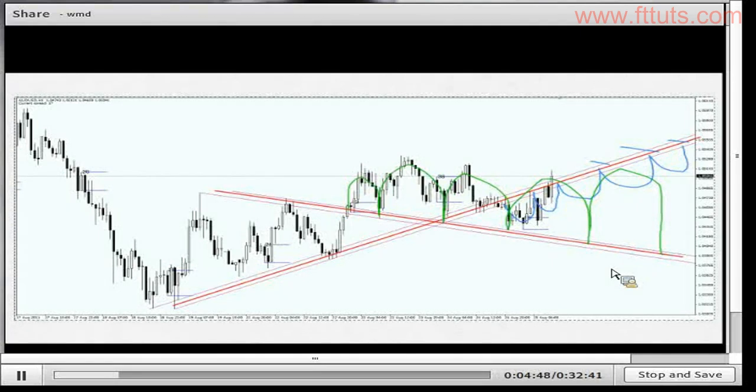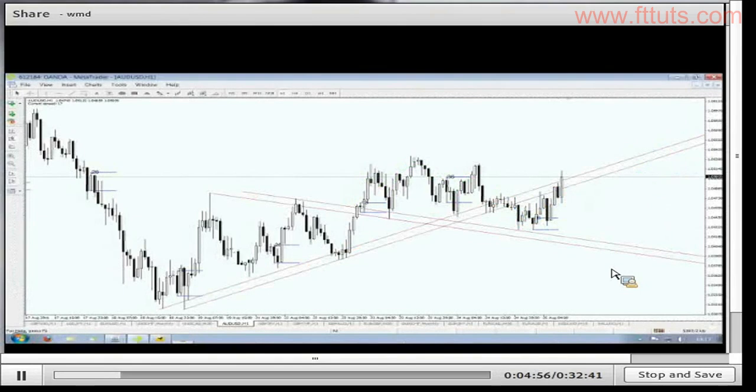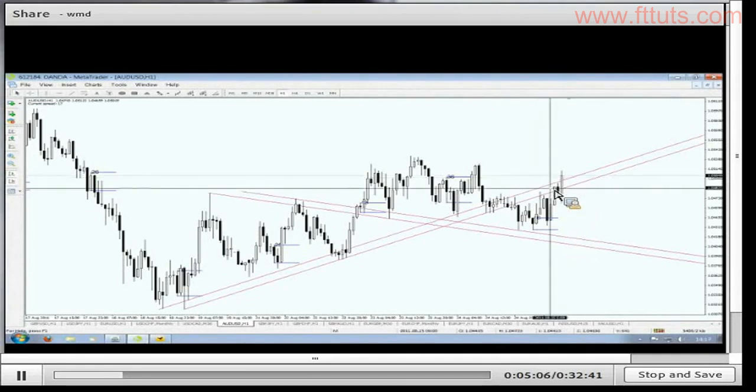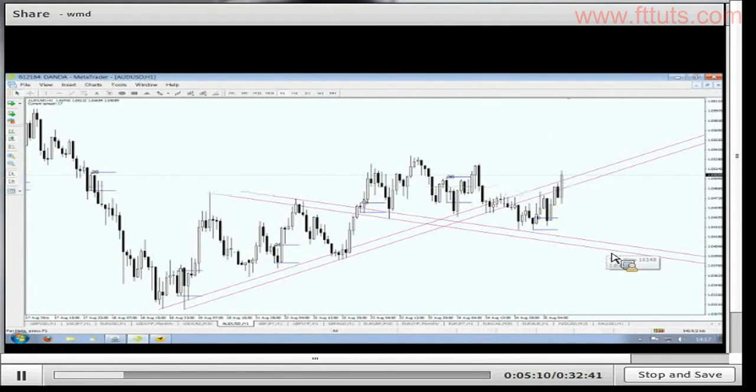Alright, because I'm looking at an hourly, I'm just going to go on a 5 minute, and you'll see exactly what I'm talking about. Okay, so you see, right, that if you took the trend line break for your bias, you would have been in the money every single time, and each time you would have had a good, well-defined risk for your entry.